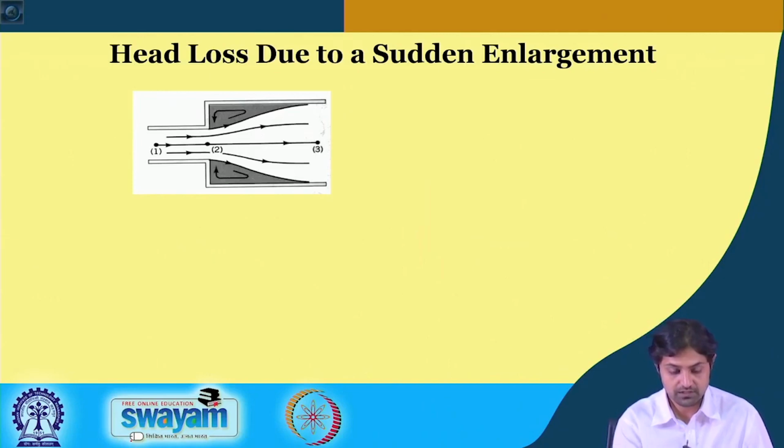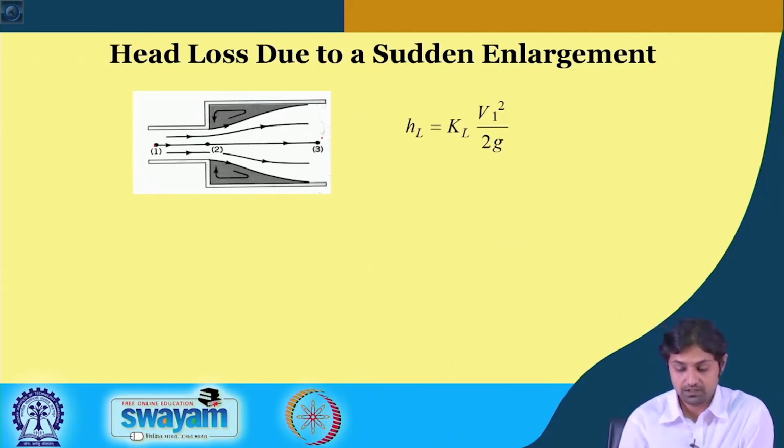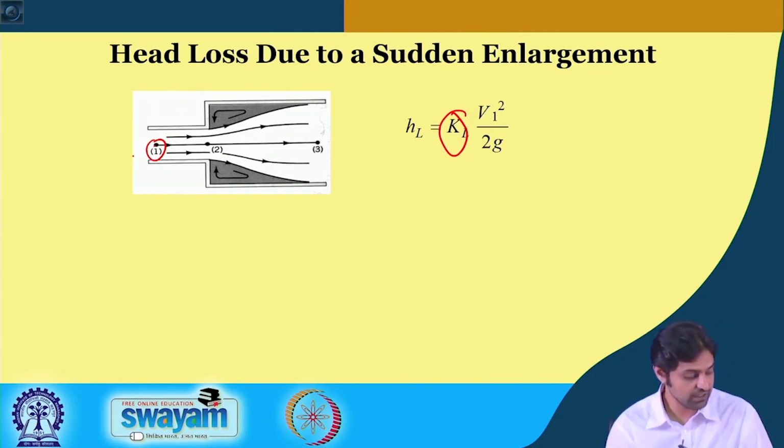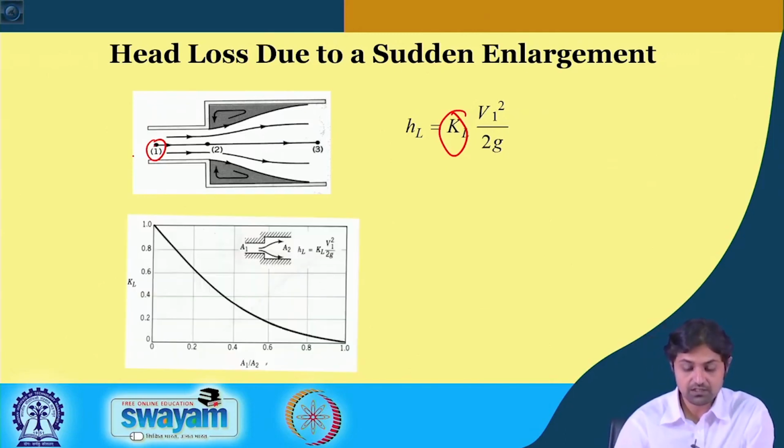So, if there is point 1 here, 2 here and 3 here, the head loss can also be referred to as KL into V1 square by 2G, where V1 is the velocity in the narrower tube, and KL will again be a function of the ratio A1 by A2, where A1 is the smaller area.